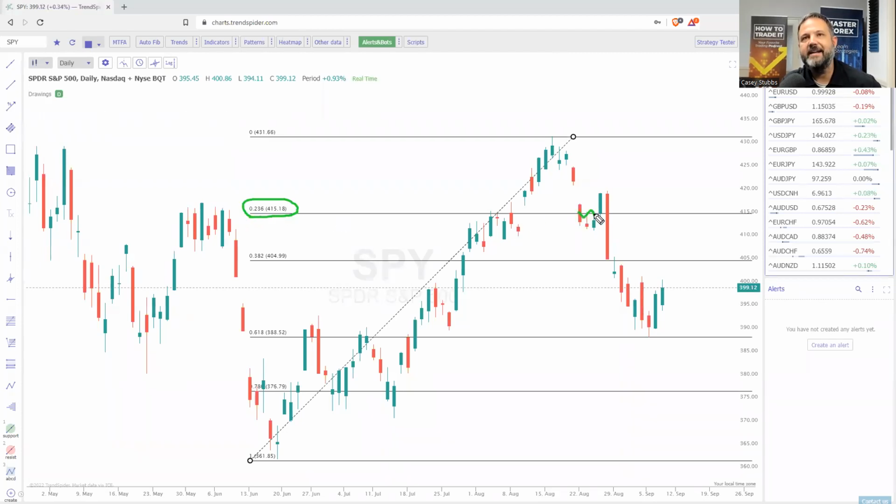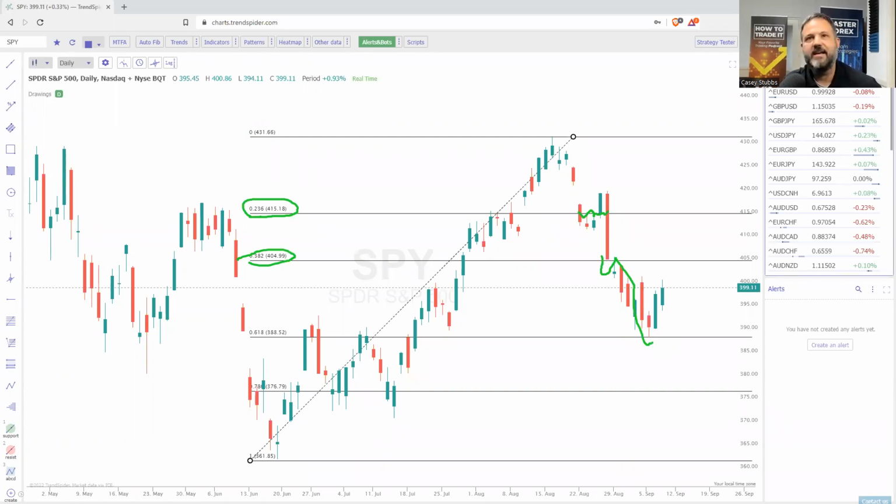It tried to bounce on the 23. It actually did bounce, but it didn't follow through, right? It was a nice little bounce, but it didn't follow through. So then we went right down to the 38 right here, and there was no bounce at all. It retested it, and it went right back down to the 61.8.